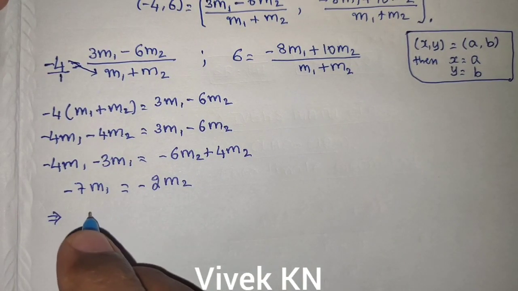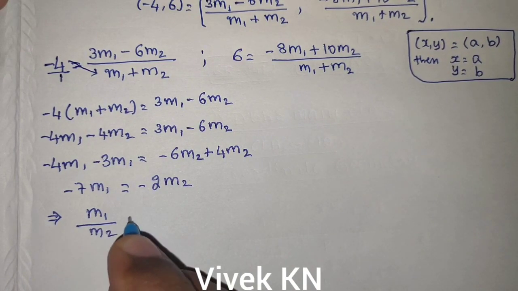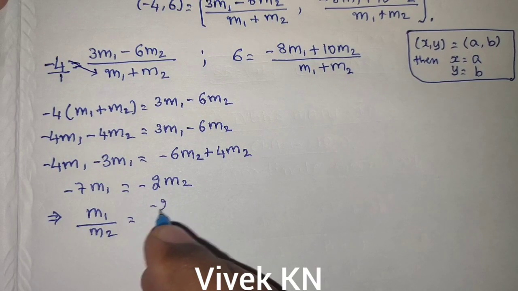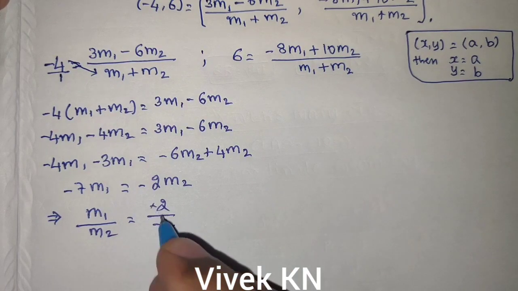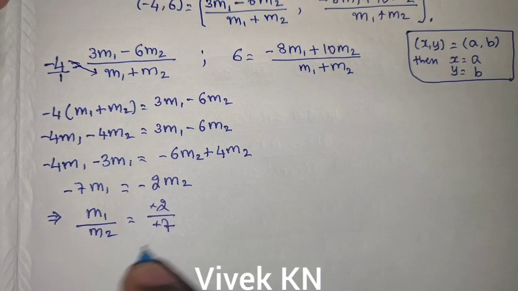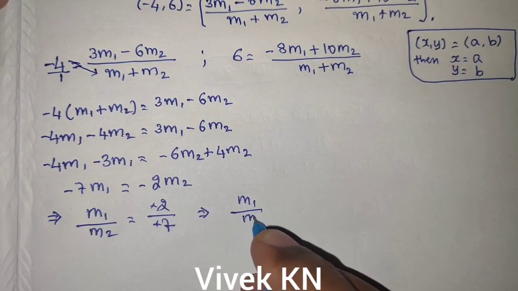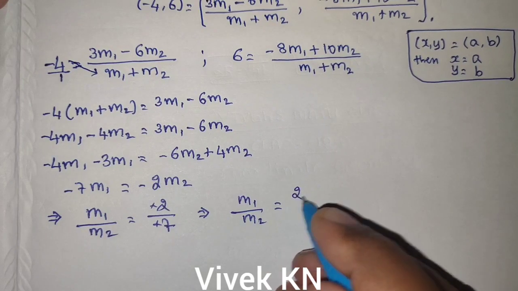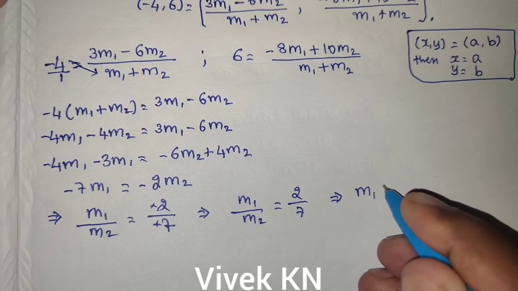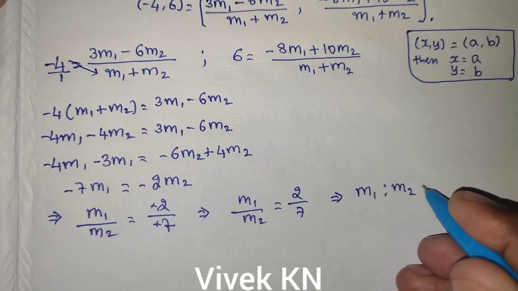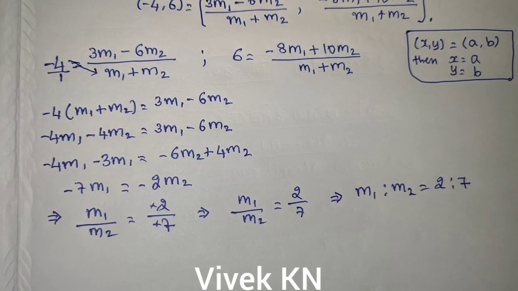Rearranging these terms, we get m1 divided by m2 is equal to -2 divided by -7. Here minus minus get cancelled and the remaining answer is m1 divided by m2 is equal to 2 by 7. That is nothing but m1 is to m2 is equal to 2 is to 7.